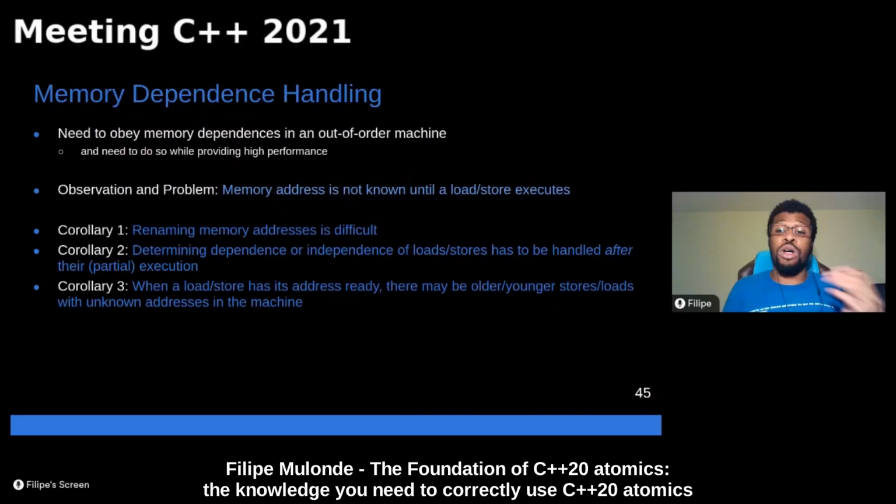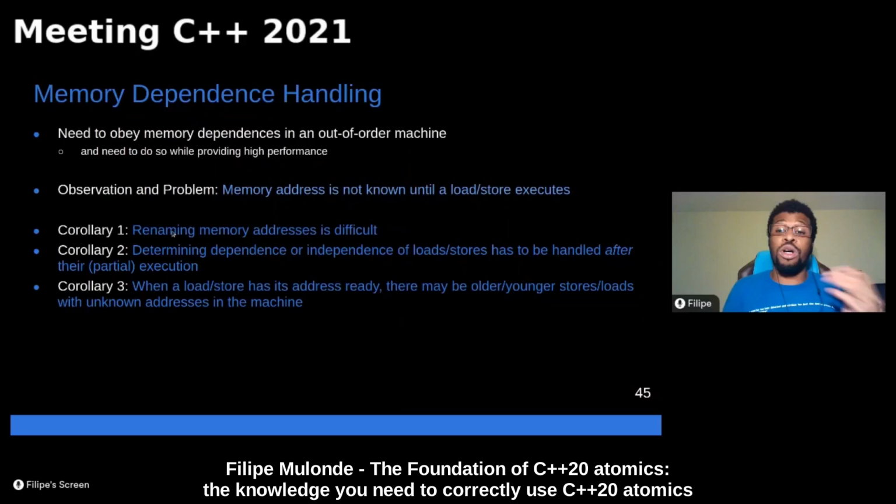And the only thing we need to check for dependencies between instructions that only use registers is the ID of the register. But memory operations are different. For a memory operation, first we need to compute the address. We cannot dispatch a load or a store before we compute the address. So that's one of the differences.